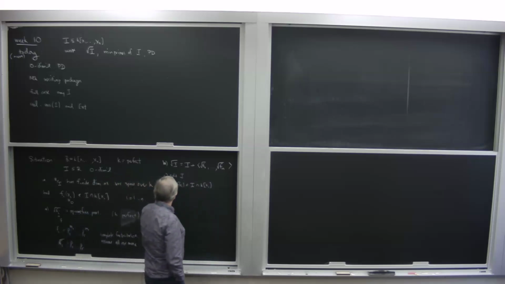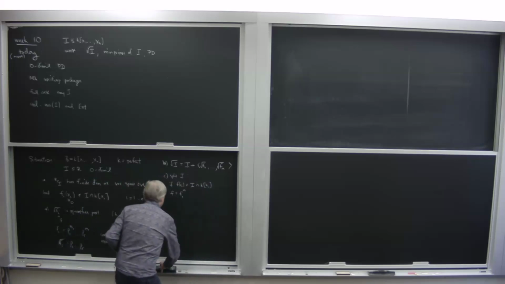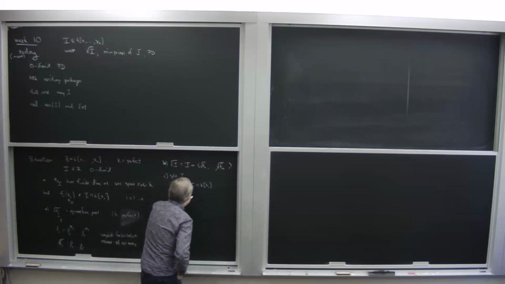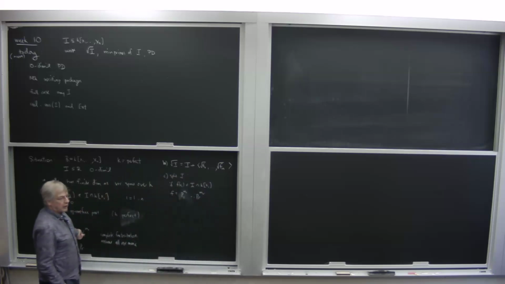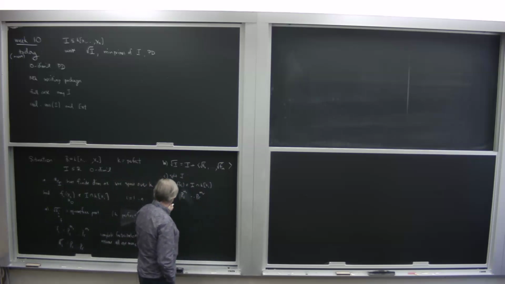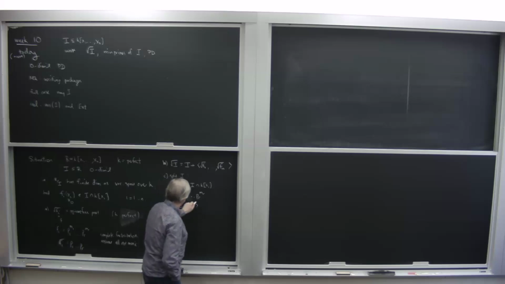If f(x_i) is in here and f is equal to p_1 to the m_1 through p_r to the m_r, just like over here. So we've done that already probably from part A, but what does the splitting look like? I is equal to I plus p_1 to the m_1, intersect dot dot dot, intersect I plus p_r to the m_r.